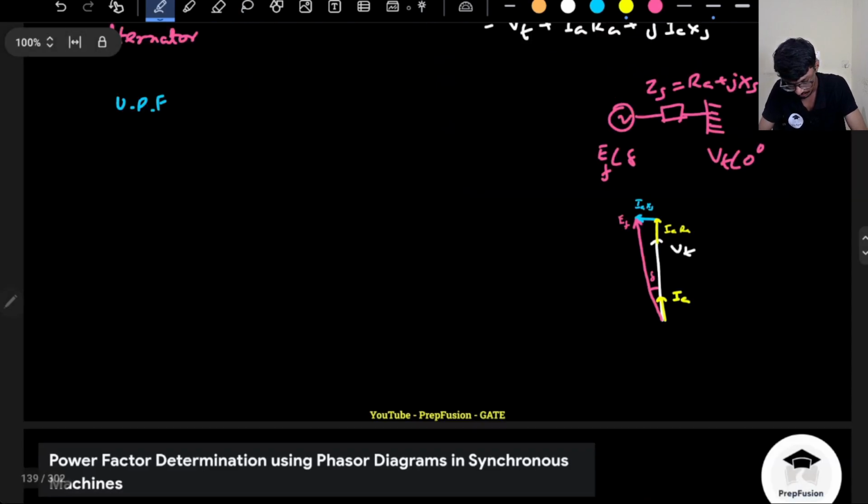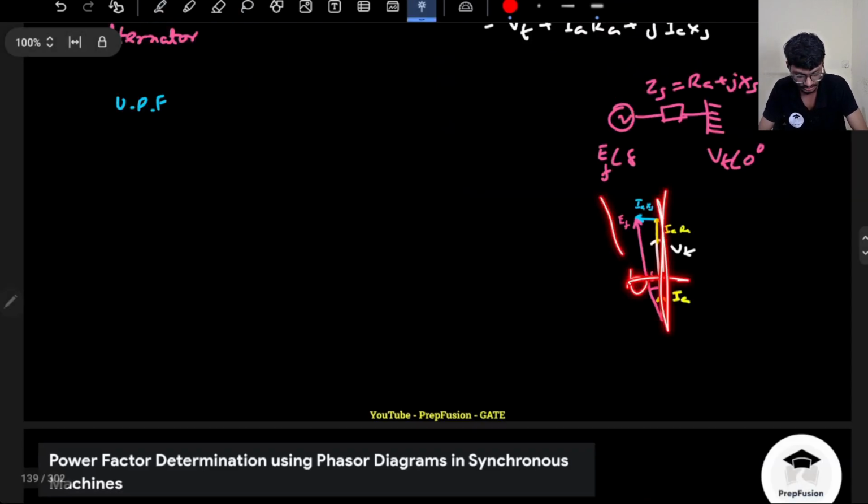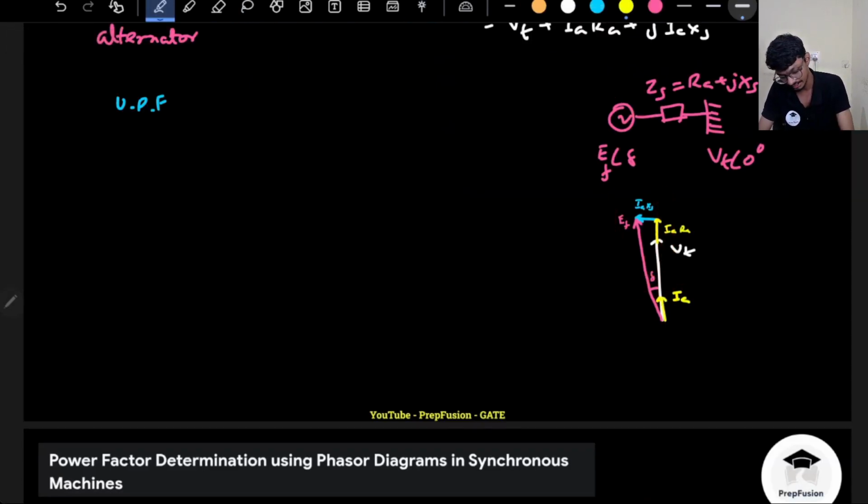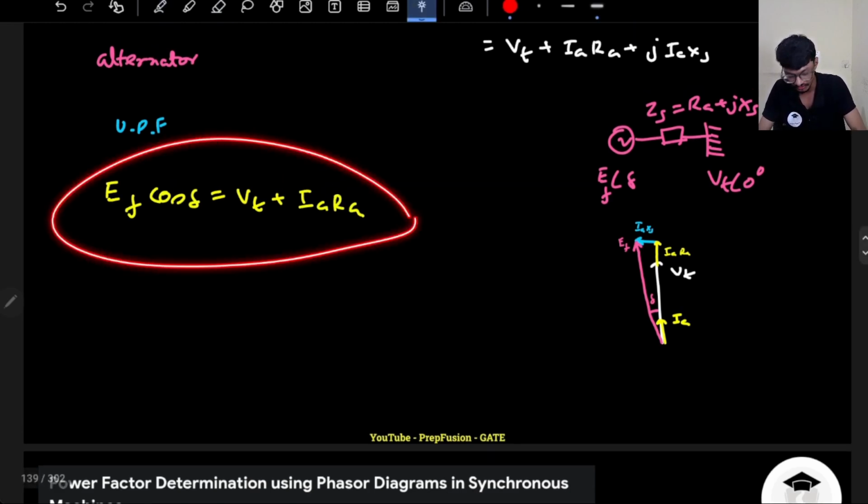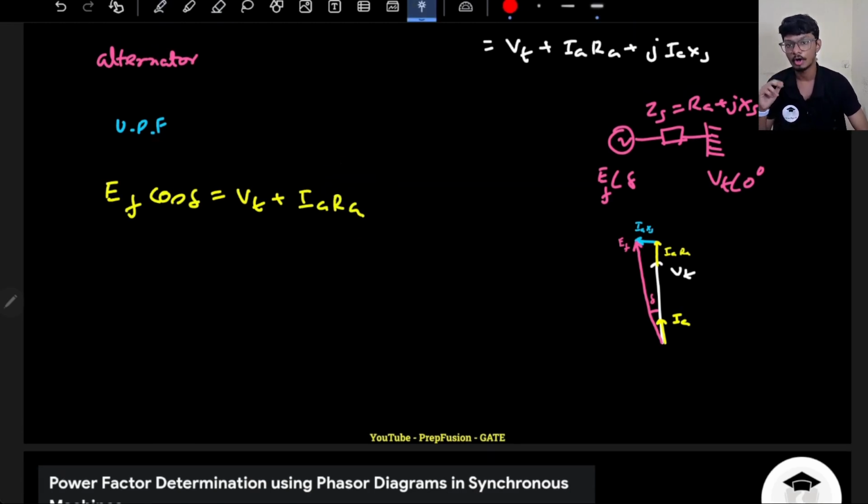So if I take the projection of EF along this axis, I can simply write that EF cos delta will be equal to this vector sum, VT plus IRA, along the projection. So we got a very important conclusion: if EF cos delta is equal to VT plus IRA, then it is operating at unity power factor.